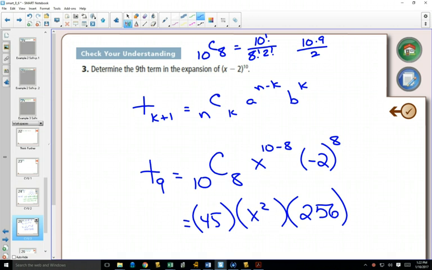Now, 45 times 256, this would be a calculator part, no more mental math for you guys. 11,520 x squared.